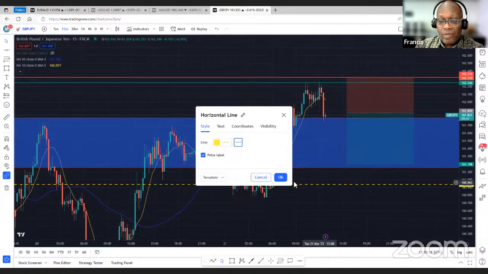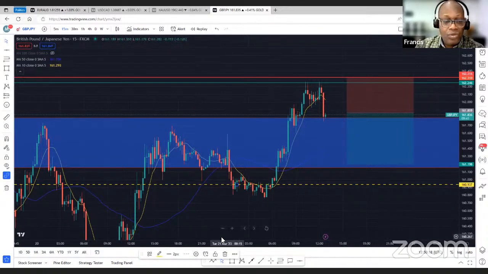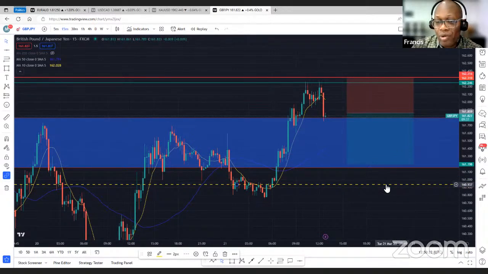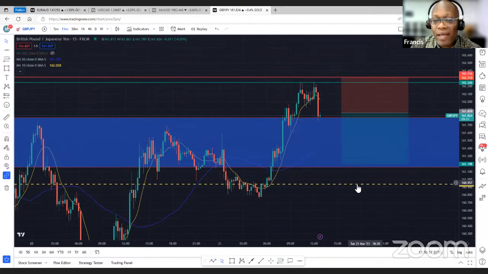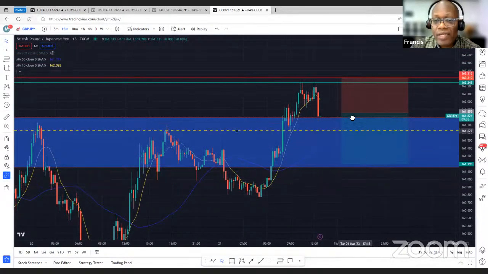For those who normally trade with me, when you see the yellow broken or dotted lines, that's where I usually will be looking to get in the trade.